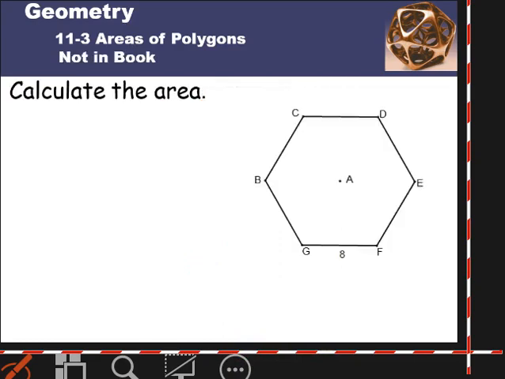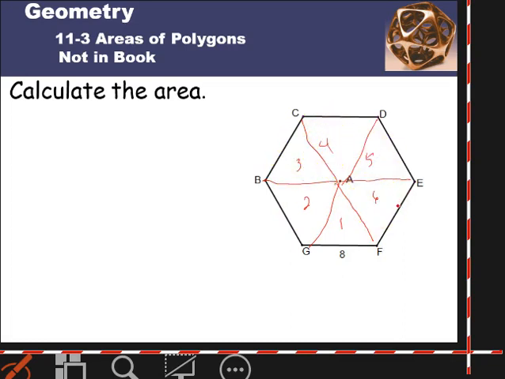Okay, now this isn't in the book. We're just going to talk about this. How could I calculate the area? Okay, well, it turns out that I could break this up into a bunch of triangles, and I can find the area of all of these triangles, and then multiply by how many triangles there are.